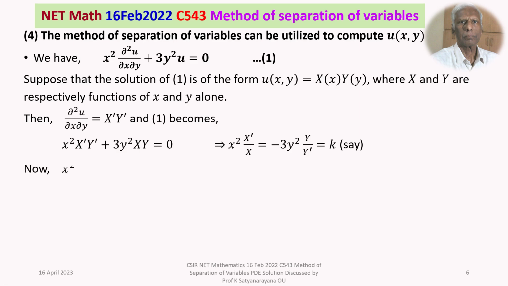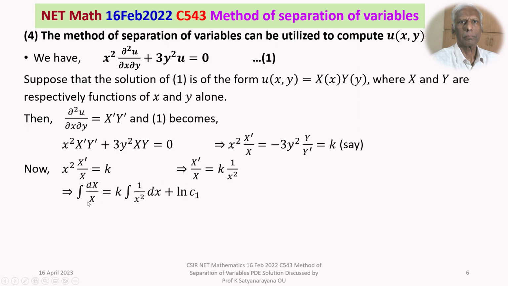Now first we take the first ratio. x square into X prime by X is equal to k. That will imply X prime by X is equal to k by x square. Integrating, integral of dx by X is equal to k times integral of 1 by x square dx plus a constant of integration, ln c1.